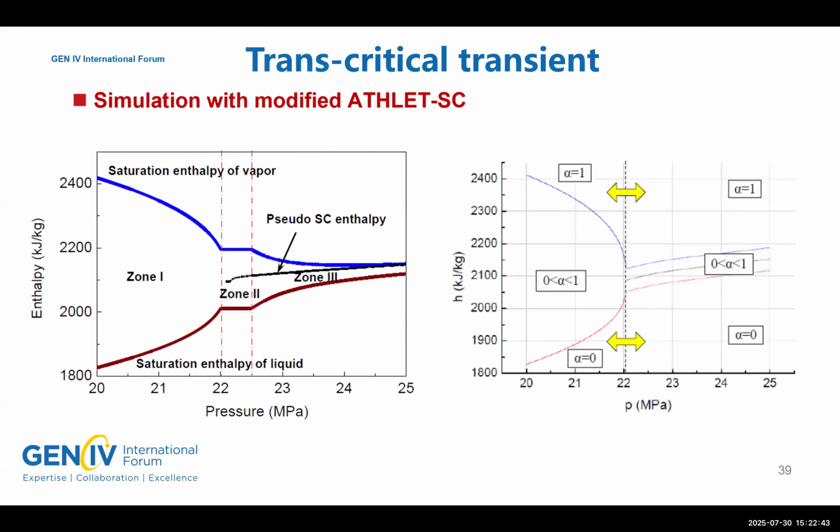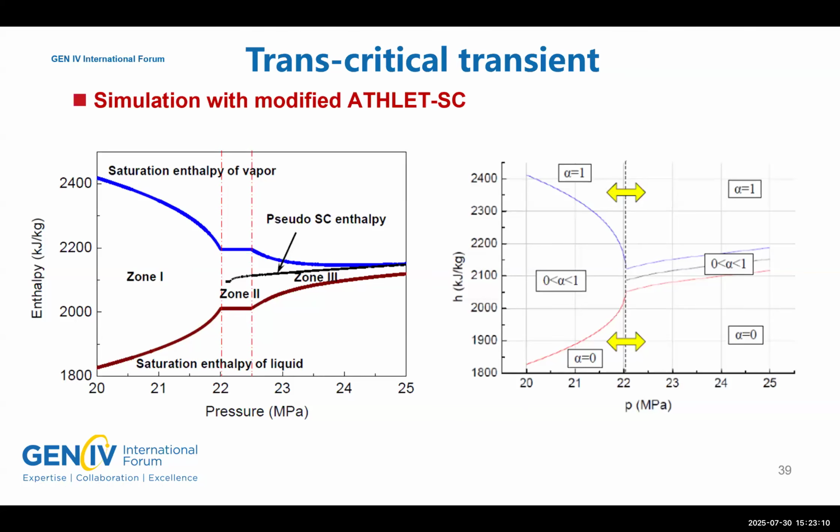If the pressure crosses the critical point, the void fraction in the code will jump sharply from 0 to 1 or 1 to 0. So numerical errors will be found and the code will stop working.